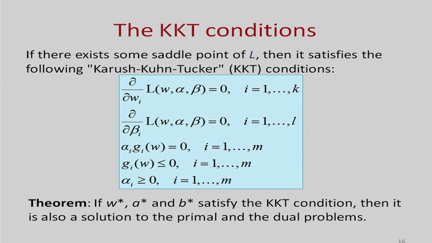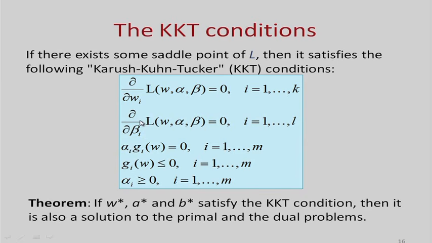Okay. And if the saddle point exists, then the saddle point satisfies the following condition called the KKT condition, or Karush-Kuhn-Tucker condition. Now, the condition says that the partial derivative of this Lagrangian with respect to w_i and with respect to beta_i will be equal to 0 according to the KKT condition.